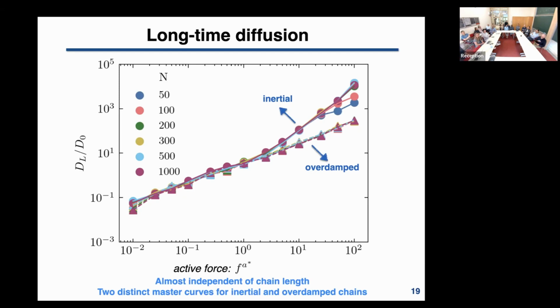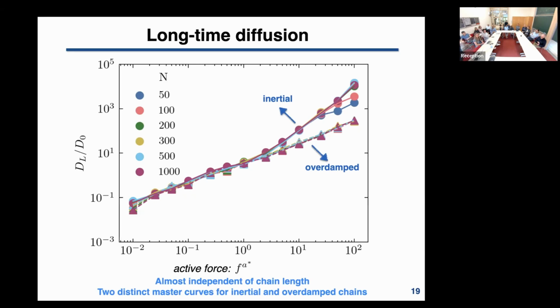Now I want to show on the line. Here I first draw your attention to this: as a function of active force, the long time diffusion, which means when you get the MSD at very long time and you get the slope. This is the case for the passive case, and by D0 I mean the passive diffusion coefficient.